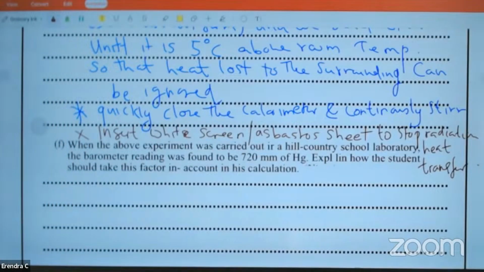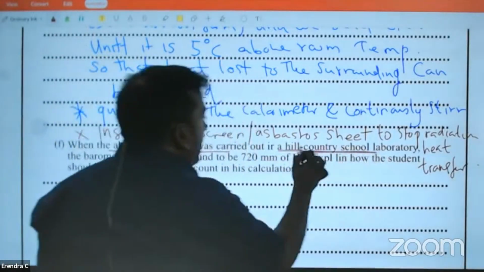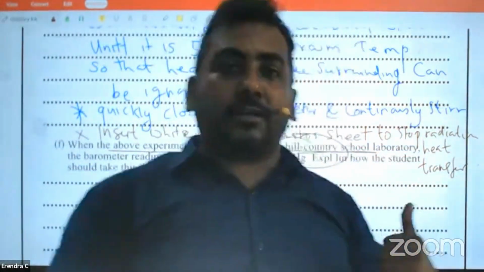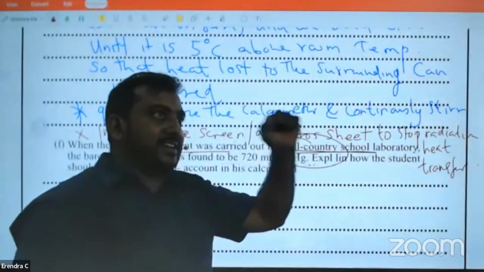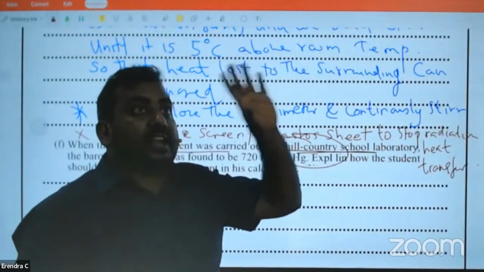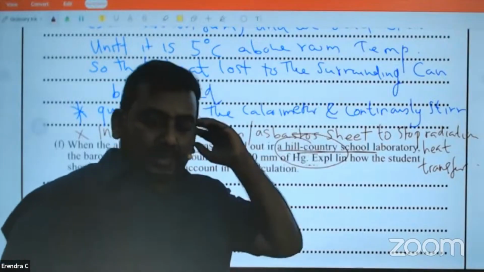When the above experiment was carried out in a hill country school, atmospheric pressure will change, which means boiling point will change. When you go to the hill country, atmospheric pressure will increase or reduce? Reduce.